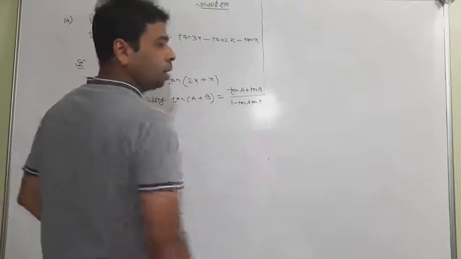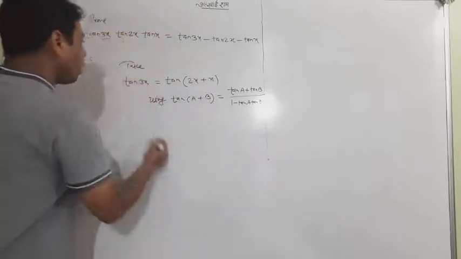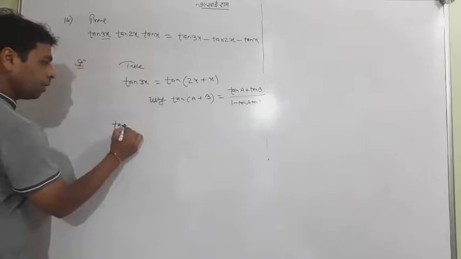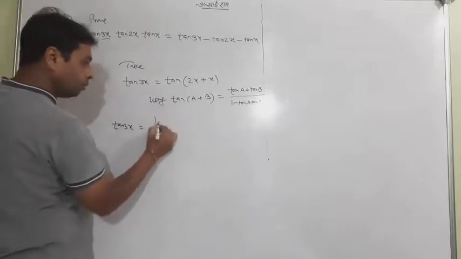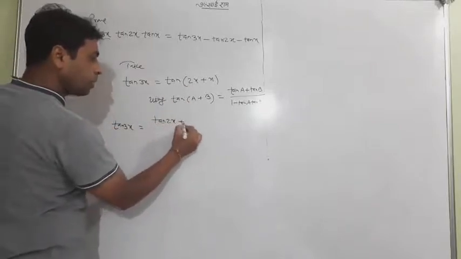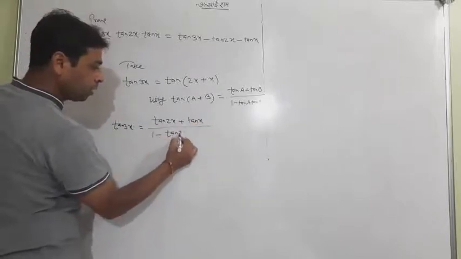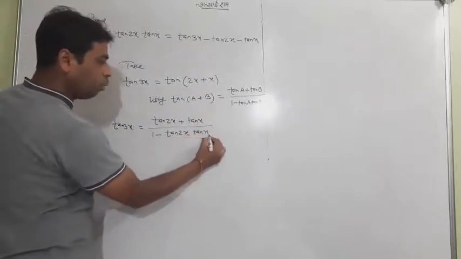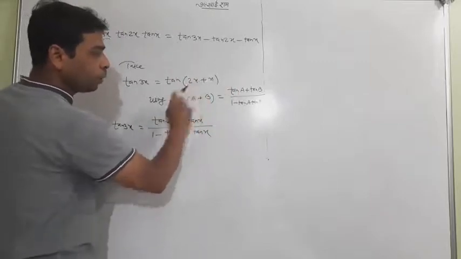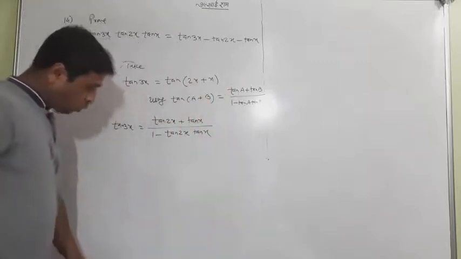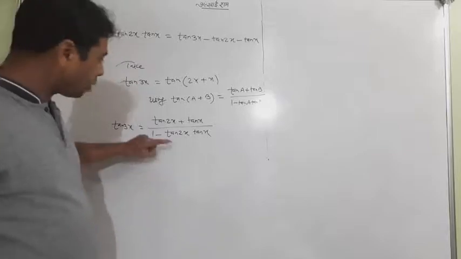Please see the list of formulas. Go on. Tan 3x is equal to tan a plus tan b upon 1 minus tan a tan b. You only compare: it is a, it is b. Now you have reached till here. So what to do next?